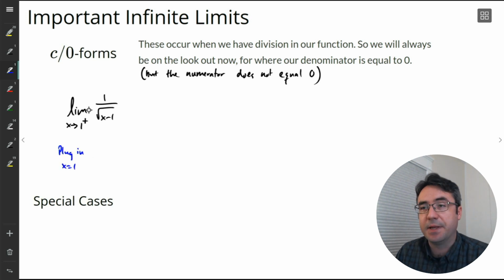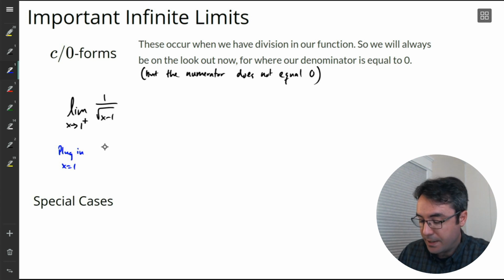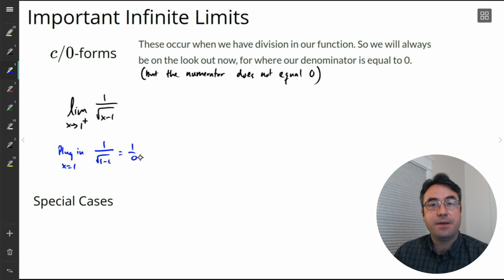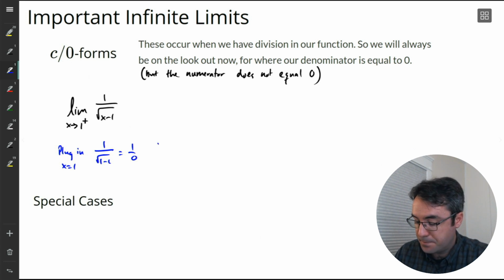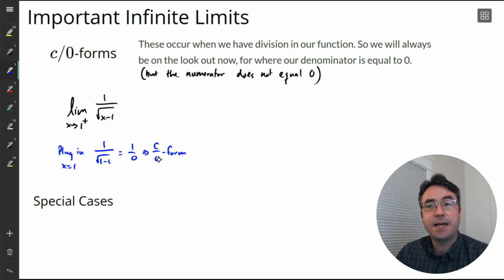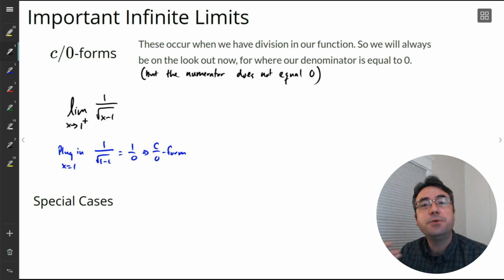And just see what happens. So when we plug x equals 1 into this, we get 1 over square root 1 minus 1, which is 1 over 0, which means we have a C over 0 form. All right, so what that tells us is our limit is one of two things.